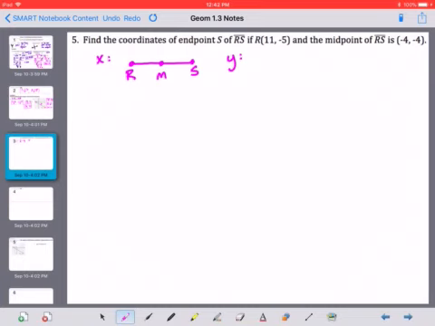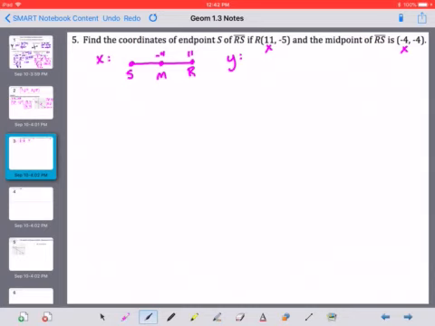Well, what they tell us is that R, actually let's switch this up because I noticed that the midpoint is actually less than R. So we'll put R over here, and then we'll go back to M, and we'll figure out where S is. So R's X coordinate is at 11, and the midpoint's X coordinate is at negative 4.